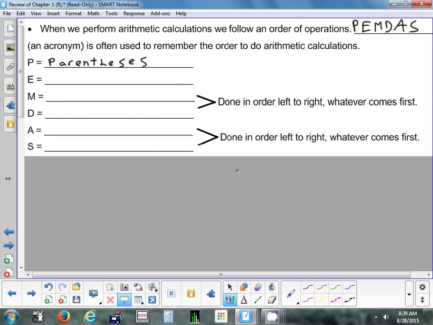All right, so we got parentheses. What else? How about the E? Exponents. Okay, what about the M? Multiplication, good.